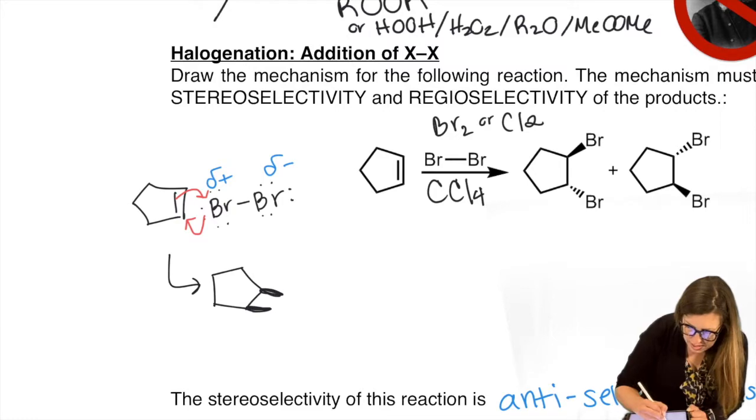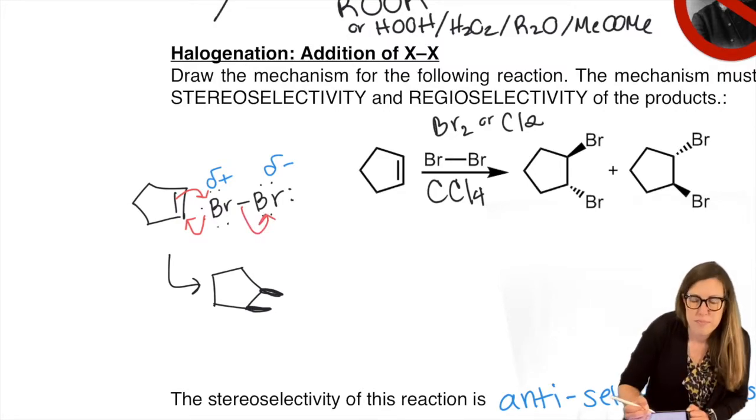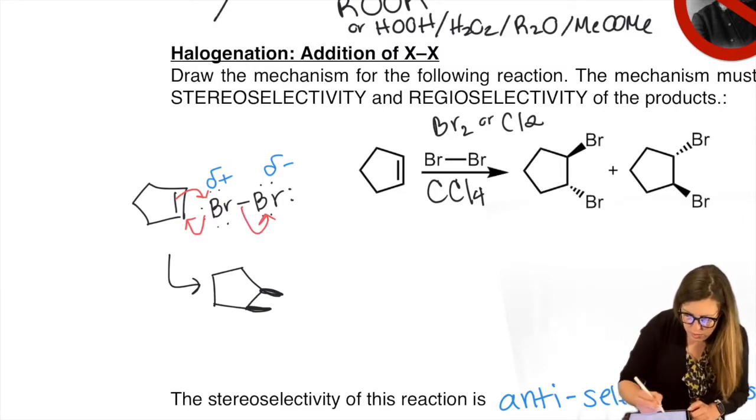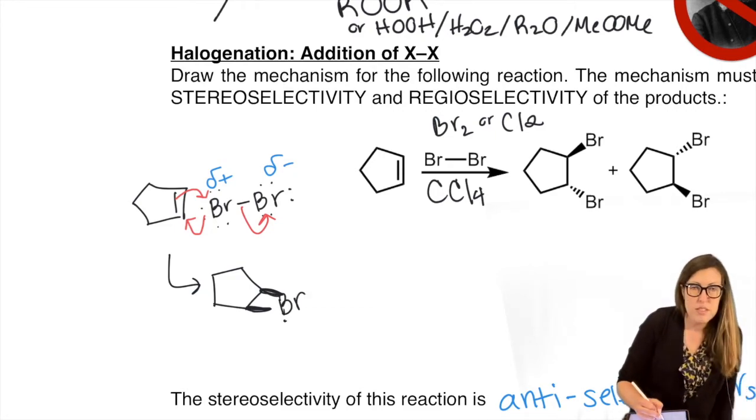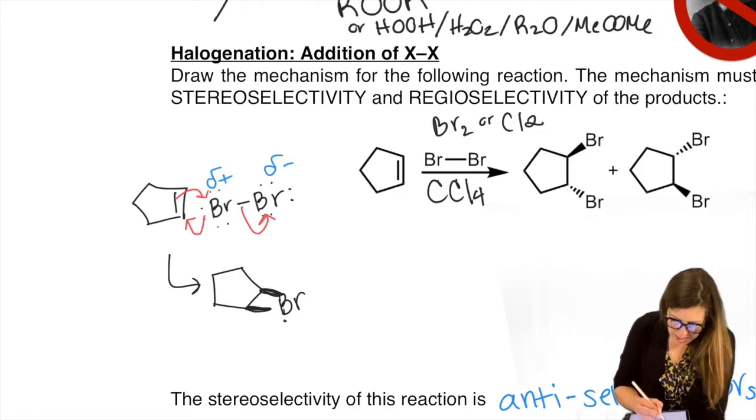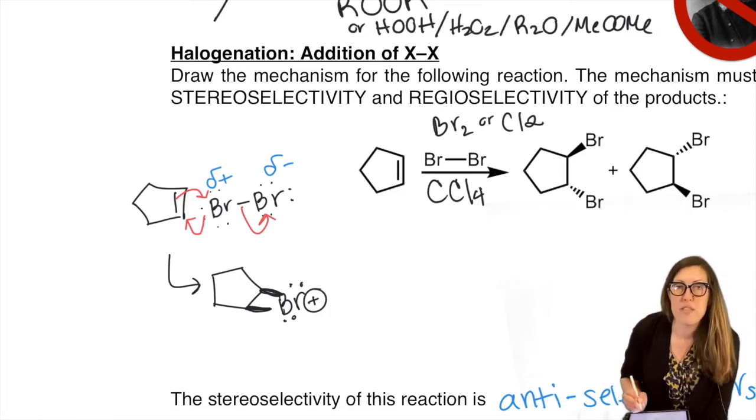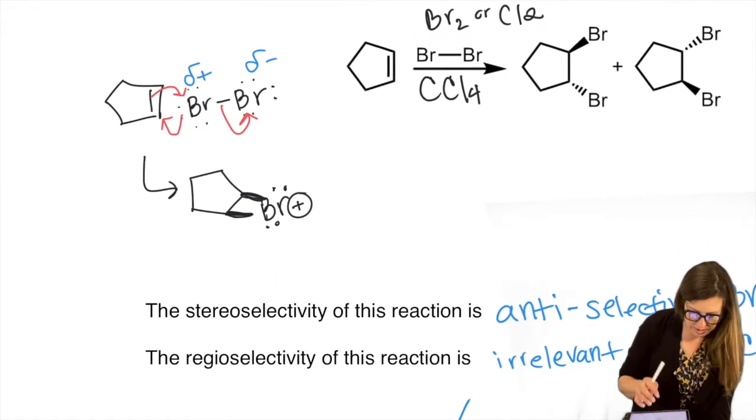As it got attacked, this kicked off. Good leaving group, we're fine. So we have only one bromine left to worry about. But bromine is making two bonds, right? And so has a full octet, but it's positively charged. We have a bromonium ion intermediate.